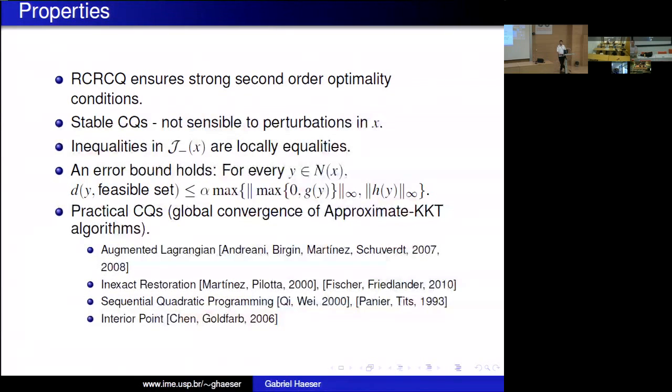So you have only one Lagrange multiplier, and for this Lagrange multiplier you have this second-order condition. It's well known that for the Mangasarian-Fromovitz constraint qualification, you can't prove any second-order condition.